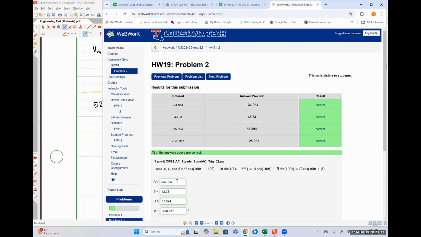So I wanted to give you a heads up on the much easier way to do this homework set. Instead of suffering through a lot of trig, use complex numbers and knock it out in moments.